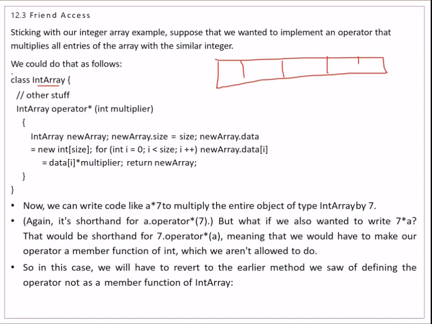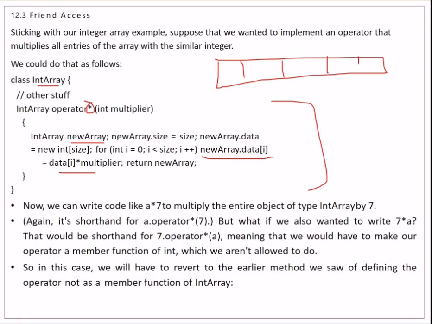For that, inside class IntArray you can write a function, and in this function you are overloading the operator star, that is multiplication. You just make a new array, multiply it with the multiplier, and keep the result in the new array.